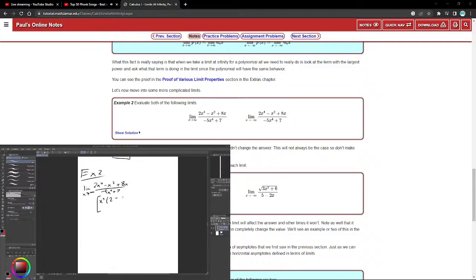Two minus 1 over x squared plus 8 over x cubed, over negative 5 plus 7 over x to the power of 4.